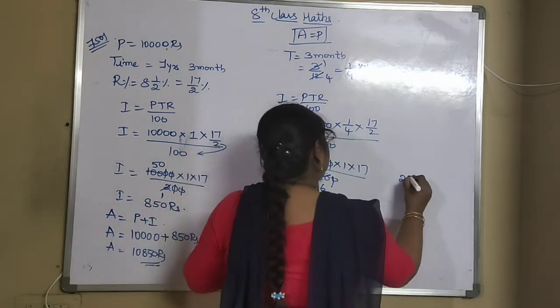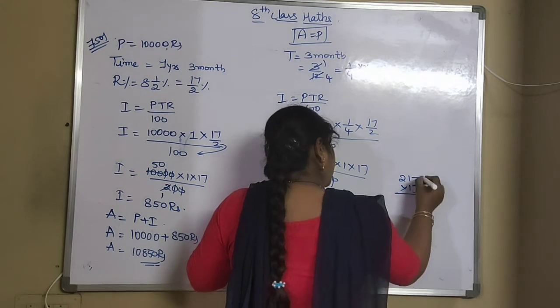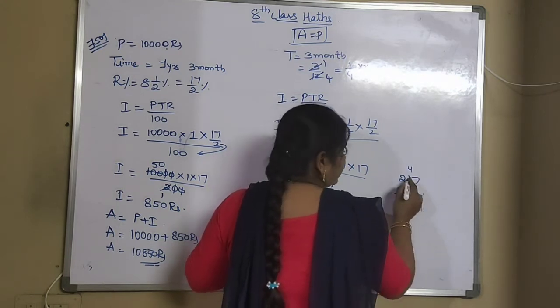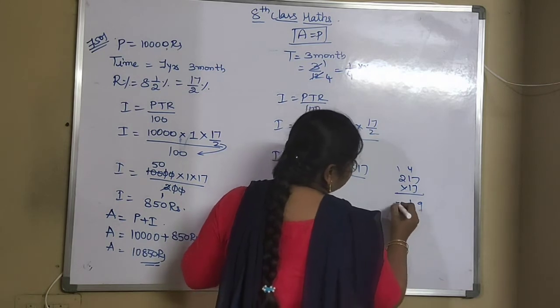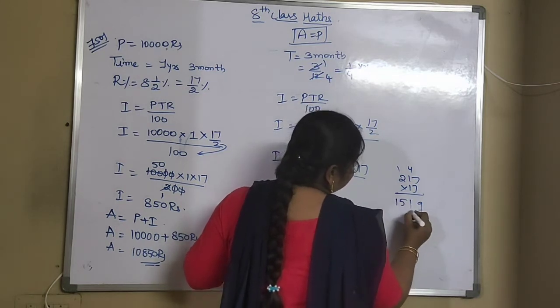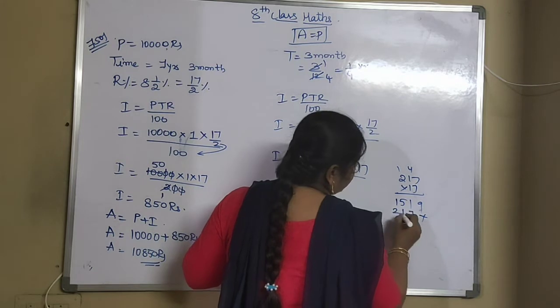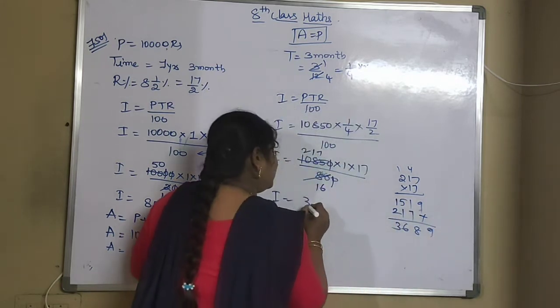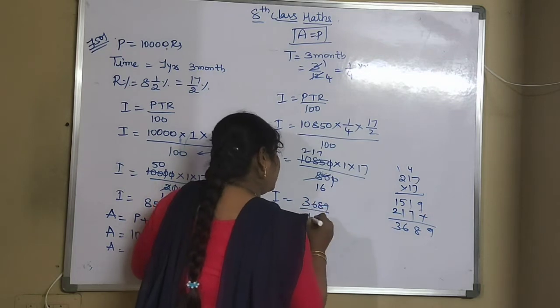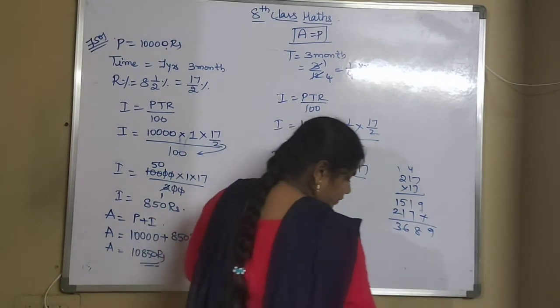Now 217 into 17. 7 sevens are 49, 7 ones are 7, 7 plus 4 is 11, 7 twos are 14, 14 plus 1 is 15, 1 sevens are 7, 1 ones are 1, 1 twos are 2, that is 3689 by 16. Now you divide with 16.